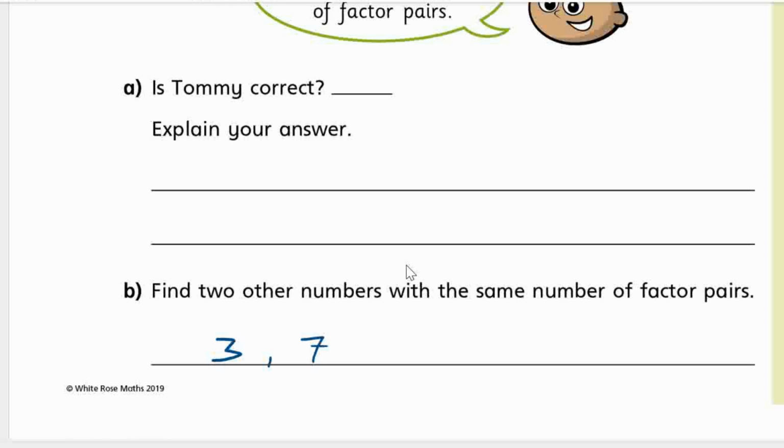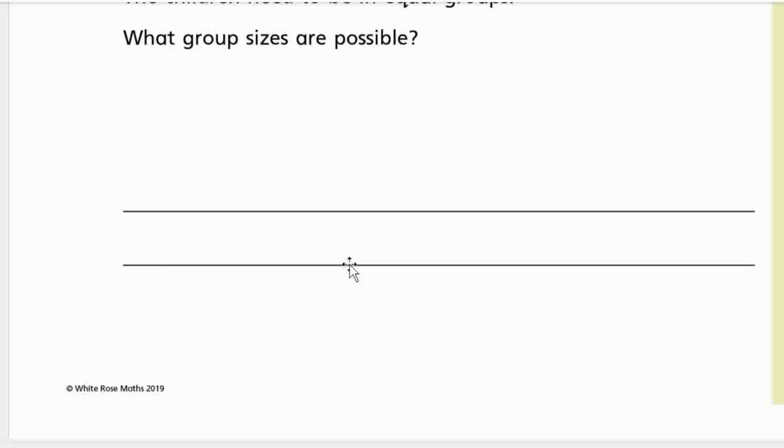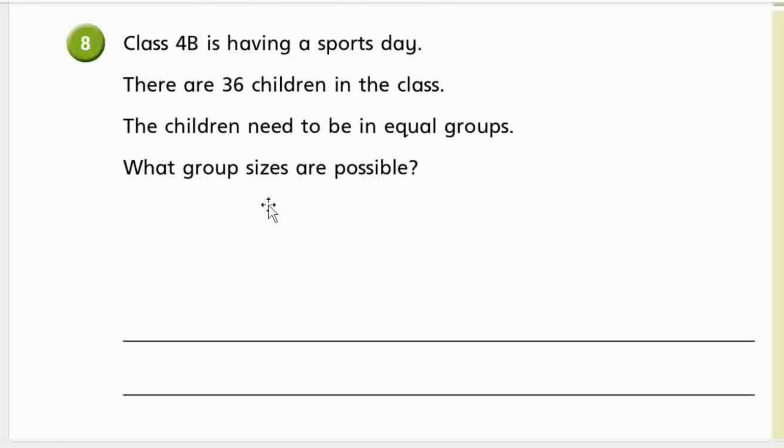They both have the same number of factors, because 3 is divisible by 1 and 3, and 7 is divisible by 1 and 7. There are other ways you can do it, but it gets a lot more difficult to figure out if you have to work out all the factors. The easiest way is just to write two prime numbers. It's a bit of a cheat, really, but yeah. Otherwise, you need to work them all out, and it takes a lot longer.